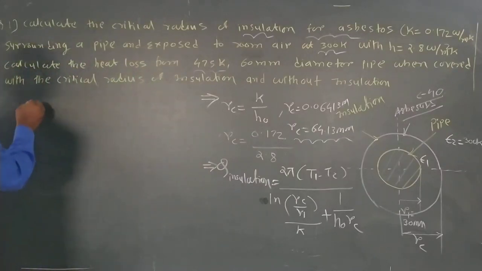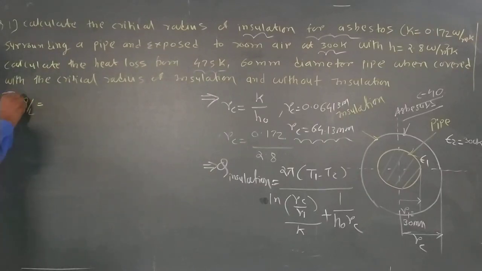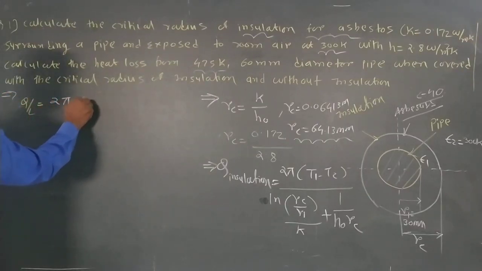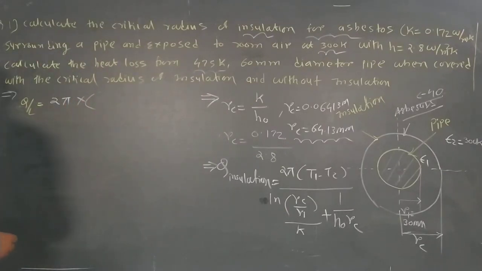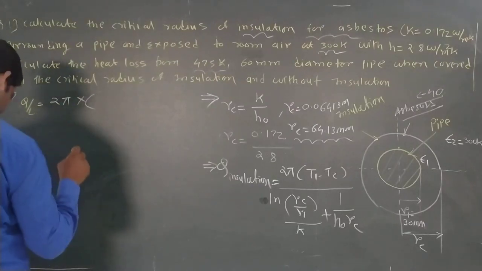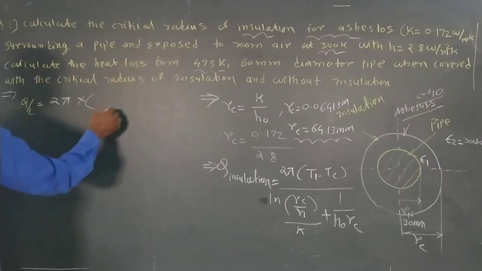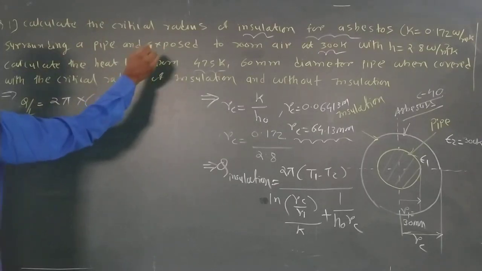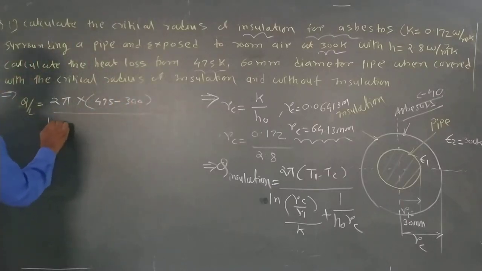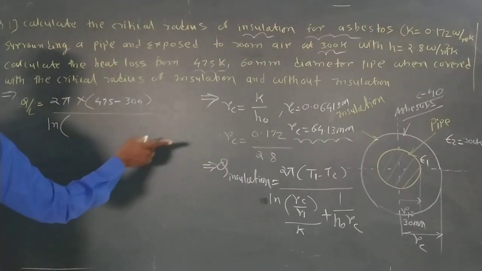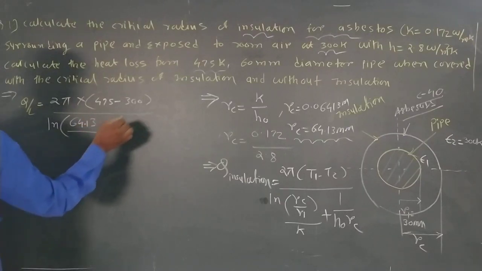So per unit length means Q upon L is equal to 2 pi into T1. What is the value of T1? 475 minus T2, the temperature of air, 300, divided by ln of RC, which is how much in mm? 64.13, divided by R1.